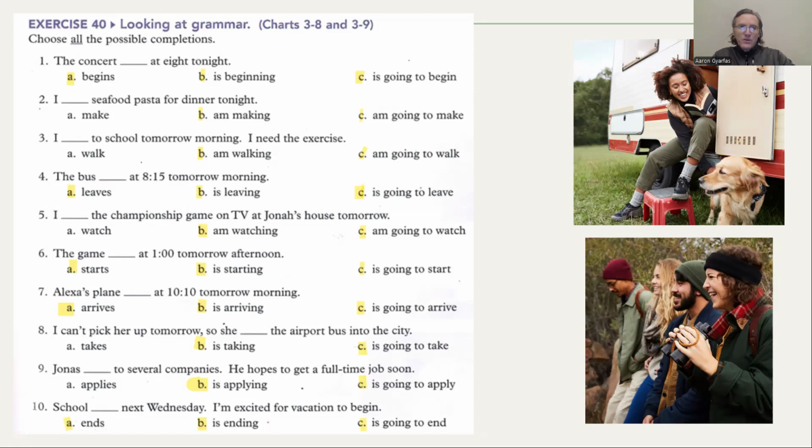A is not going to work. B and C are okay, but A is not going to work. So number 2, 3, 5, 8 and 9 are all plans for the future, but they are not plans for a specific time. So I would not use present simple for those.